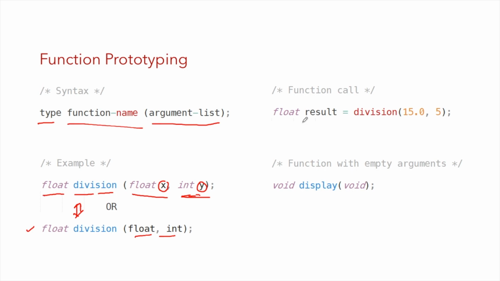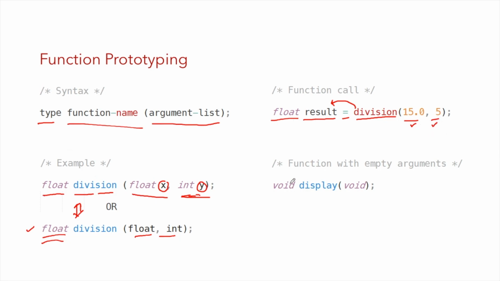And when you make a function call, I have created one float variable. I am naming it result, with the equal to sign, because this division function is returning a float variable. So whatever value this function returns will be stored into result. So these are the two parameters I'm supplying. First one is float and another one is int.